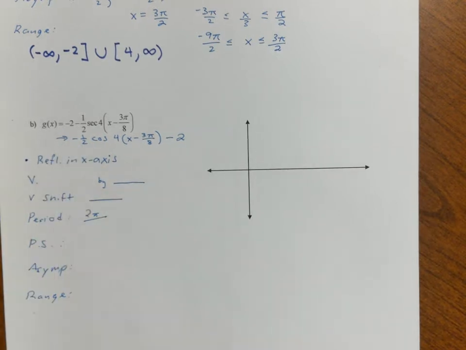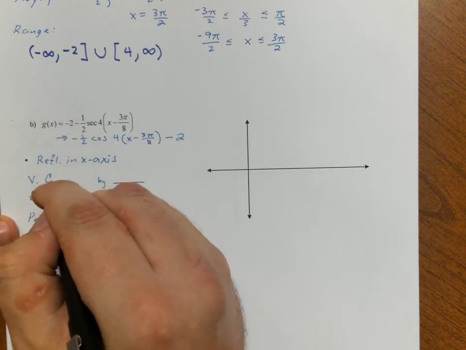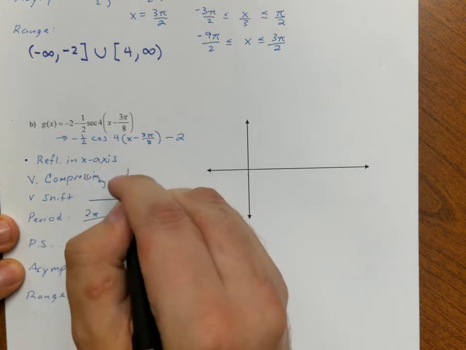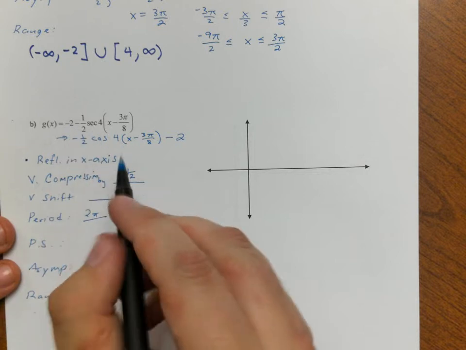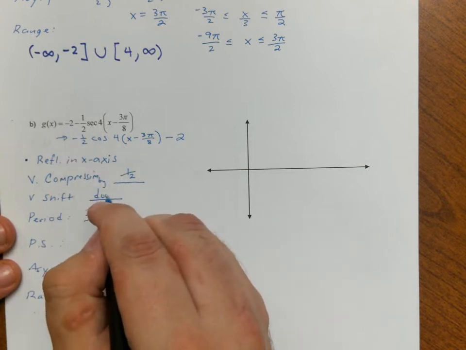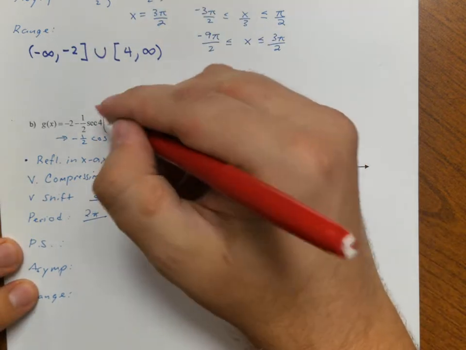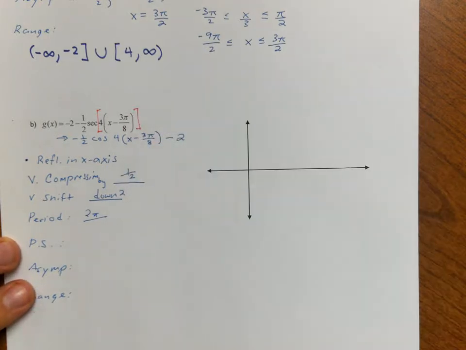The fact that there's a 1/2, well, 1/2 is less than 1. So rather than a vertical stretch to this secant, I have a vertical compression by 1/2. The -2 indicates that I have a vertical shift down 2. To find my period, well, notice here I have the secant of 4 times x minus 3 pi over 8.